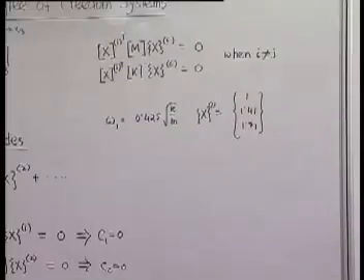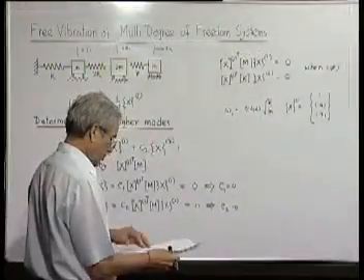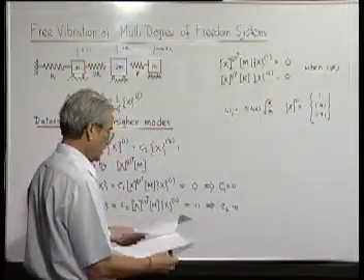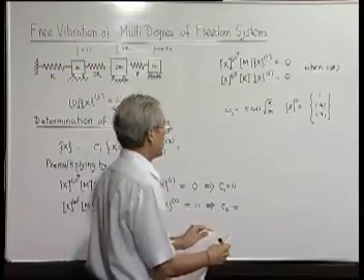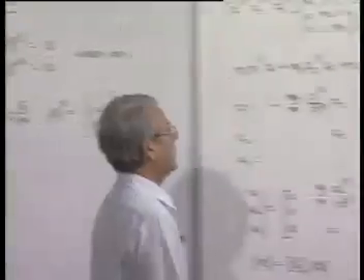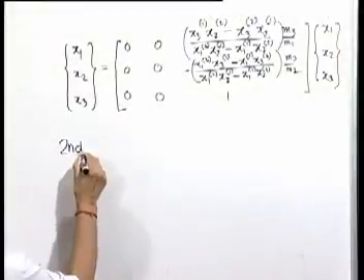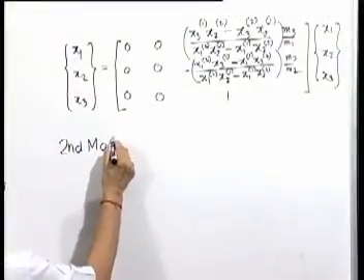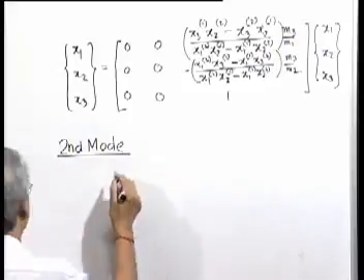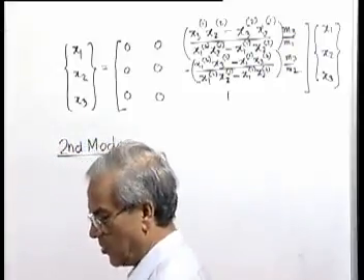This is solved. So now we should be able to figure out how much the second mode is going to be. Now, it involves too much calculation, we do not want to do it.